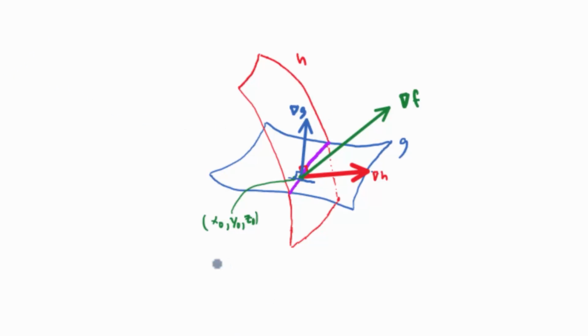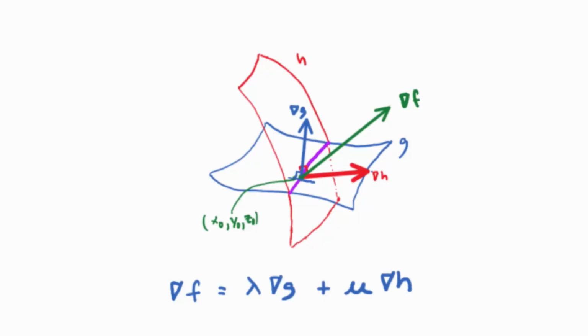So if you believe that all three of these vectors are in the same plane, then by the triangle law, there's going to exist two scalar multiples, two Lagrange multipliers, such that del F should equal, let's say, lambda del G plus, and this is all happening at the critical point, mu, that's a Greek symbol too, looks like a U with an extra tail, mu del H.